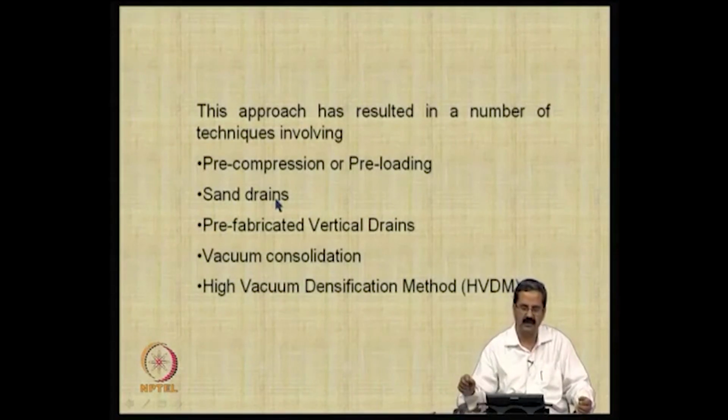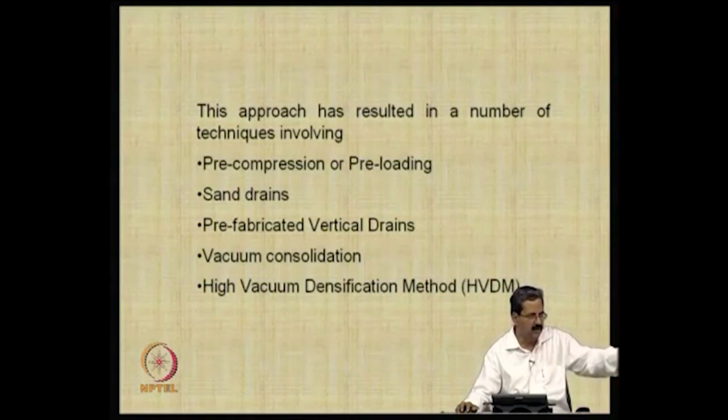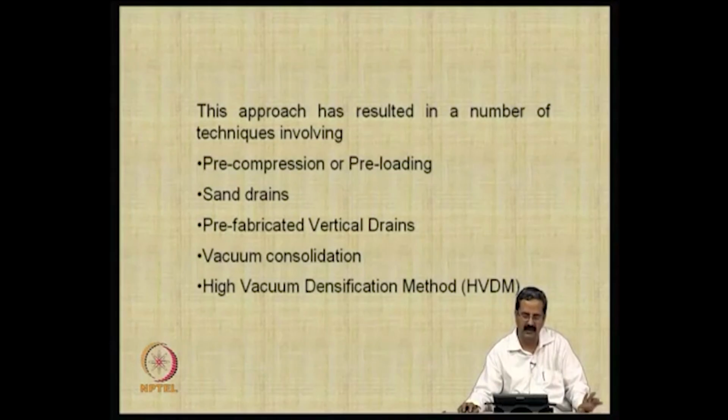Sand drains provide radial consolidation. So, you have consolidation in the vertical direction, and the water also comes out in the horizontal or radial direction. The process of combining vertical and radial consolidation was initiated with sand drains in the 1930s.